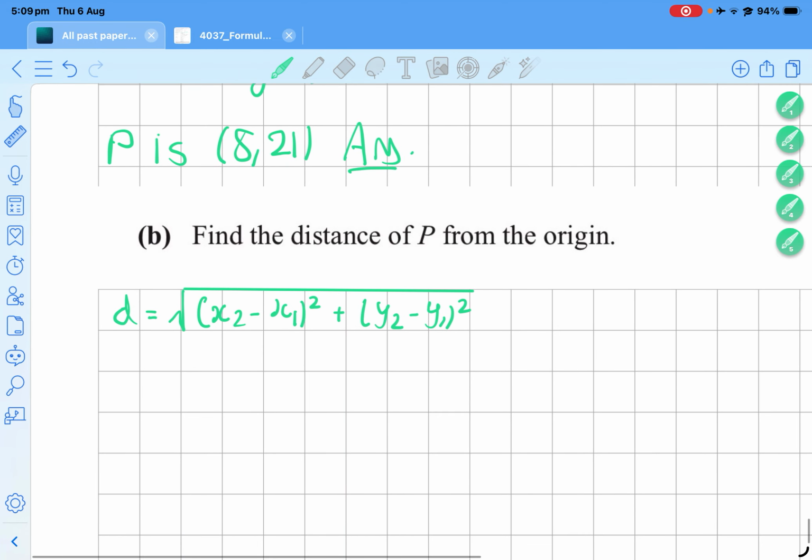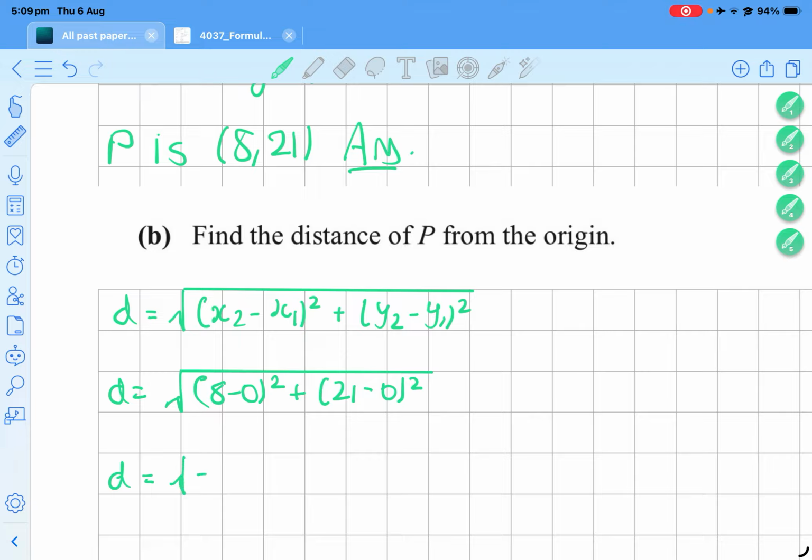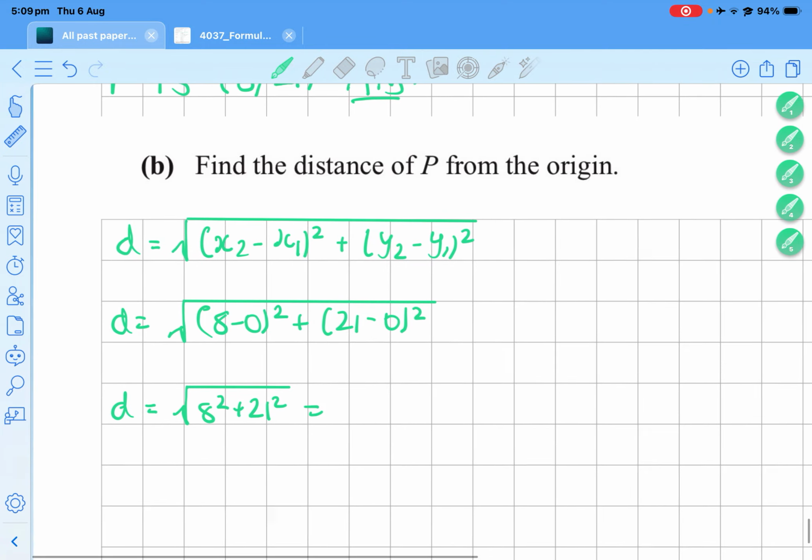So d, I can say that is the square root of 8 minus 0 whole squared plus 21 minus 0 whole squared. So I'll be left with 8 squared plus 21 squared, so you have to square root that.